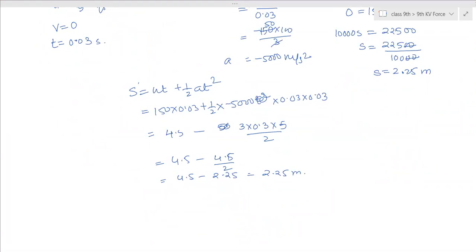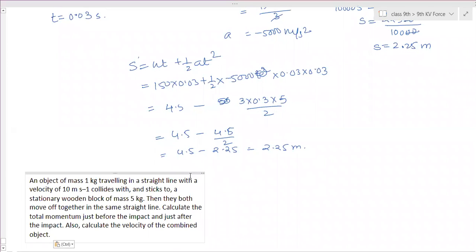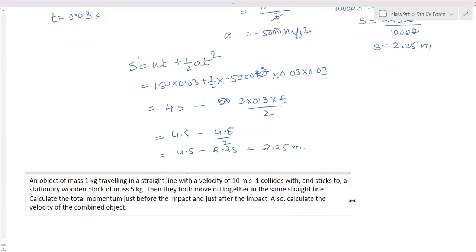Ma'am, it is 150 by 100 into 5,000 minus 5,000. From where did you get 150 by 100? It's minus 50 Newton. Yes. From where did you get momentum 150? Momentum is mass into velocity. Oh yeah. Why are you always making such mistakes?